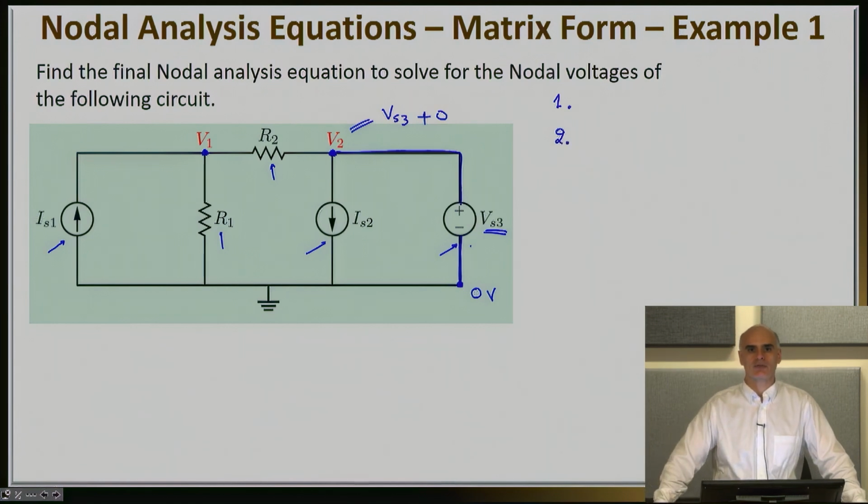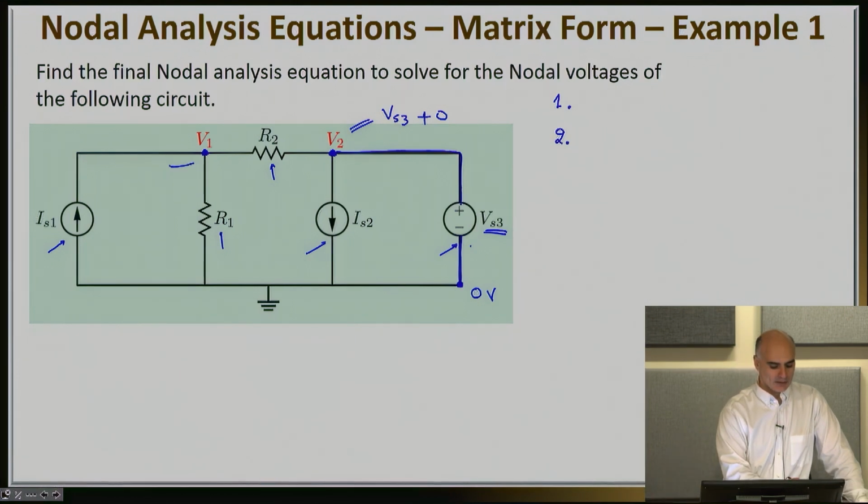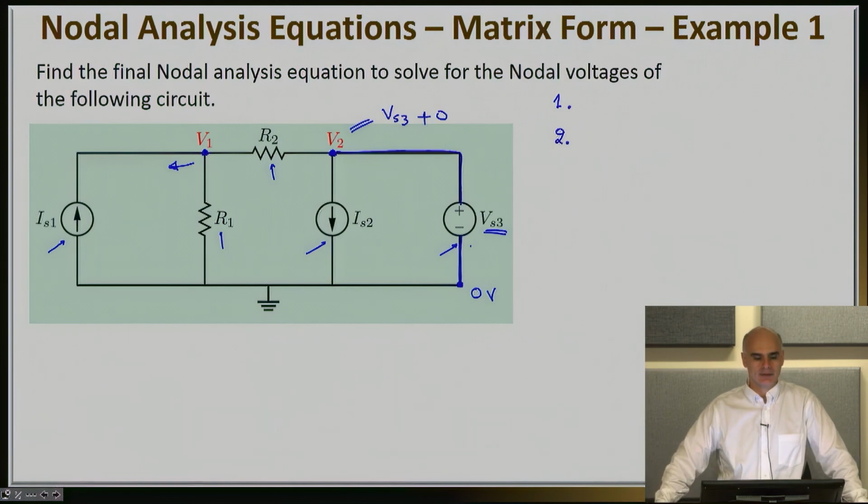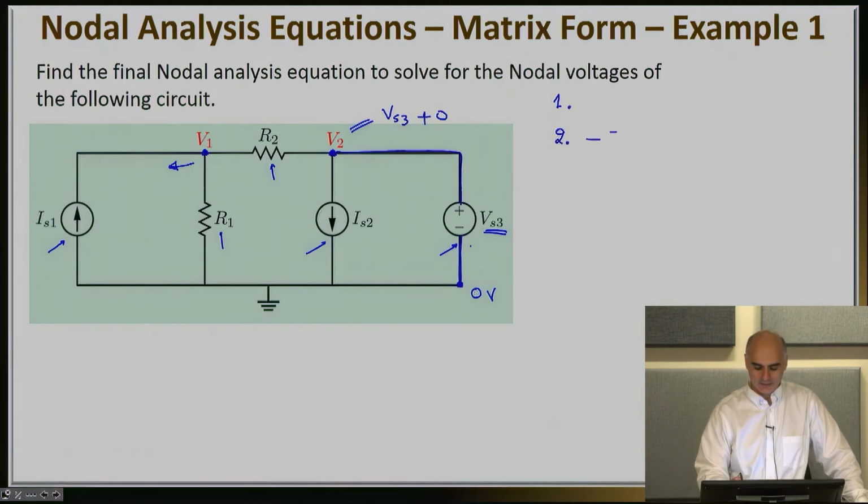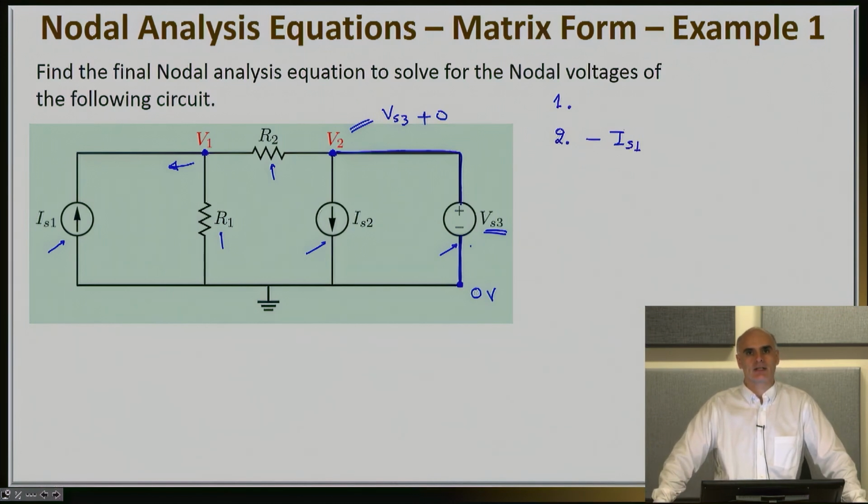Step number two says, go ahead and apply KCL for all unknown nodes. Let me focus on V1. It says, all the currents leaving this node must add up to 0. V1 may lose current to the left, and that current obviously will be equal to negative IS1, because there's a current source right there that is pointing to the opposite direction.